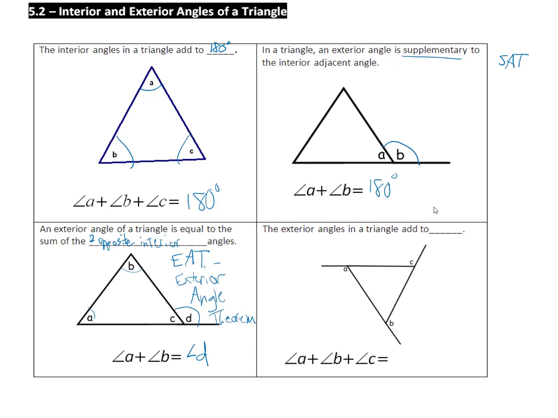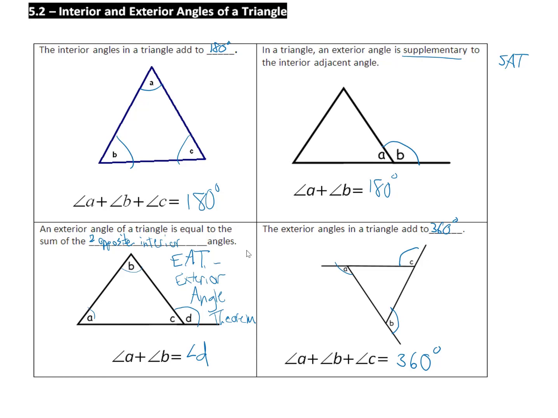If we look at all three exterior angles of a triangle, we know that they add up to 360 degrees. So in this case, our angle A, angle B, and angle C here are going to add up to 360 degrees. Okay, that's all that means.